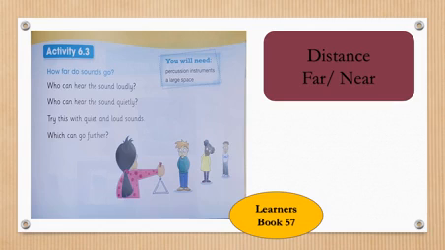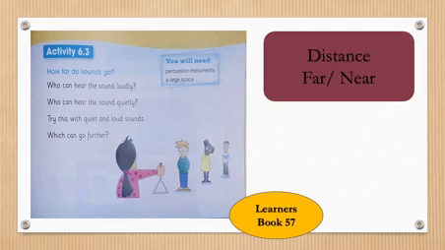If the receiver or the listener is near, the sound is louder. But if the listener or the receiver of the sound is far, the sound is quieter, or less sound. In this picture, there are three kids lined up, and the girl plays the triangle.